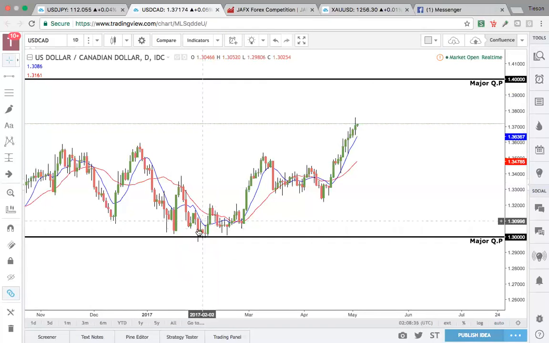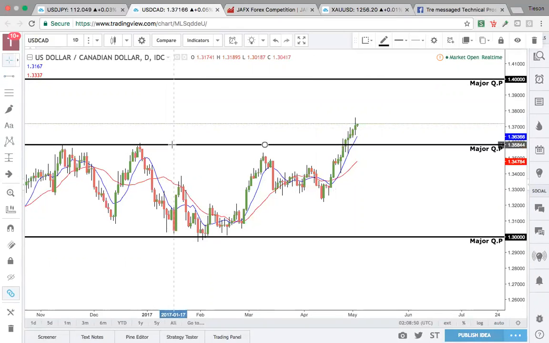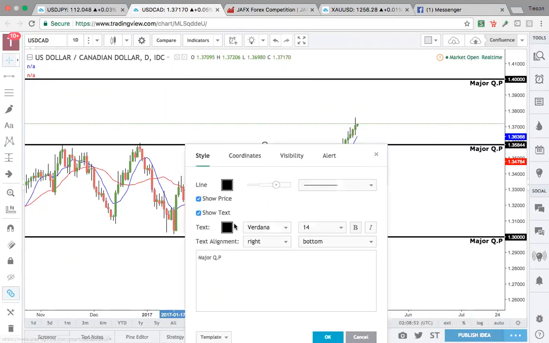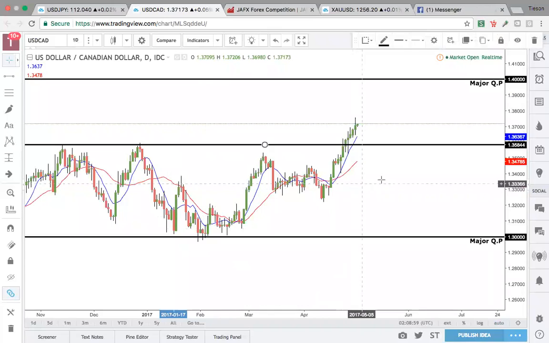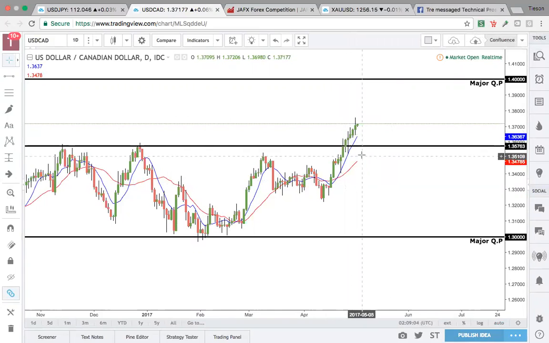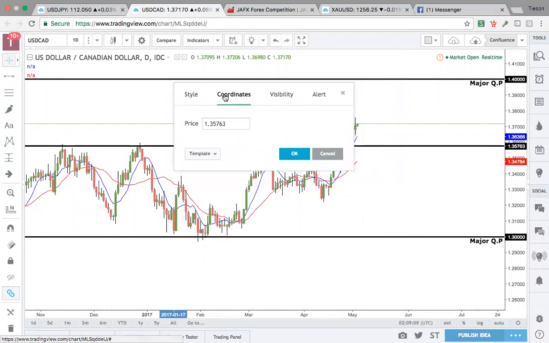But as you can see, it perfectly bounced off this major quarter point, and now it looks like it's going to continue up here, or it may find some type of ceiling before that, and it may reject off of that ceiling in between, and then it may head down to the next quarter point.